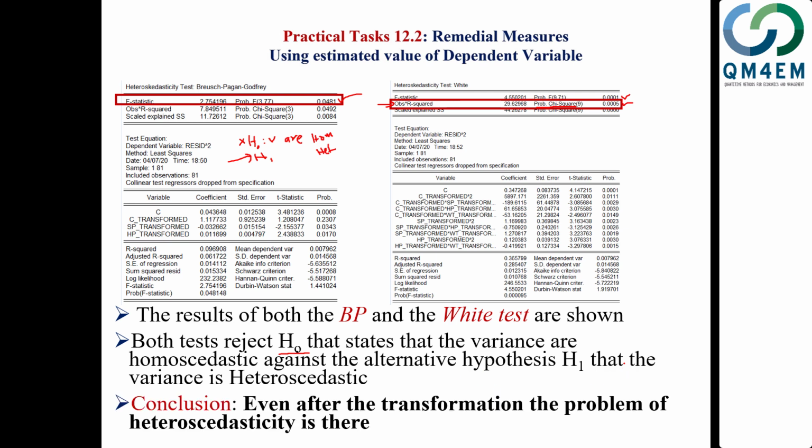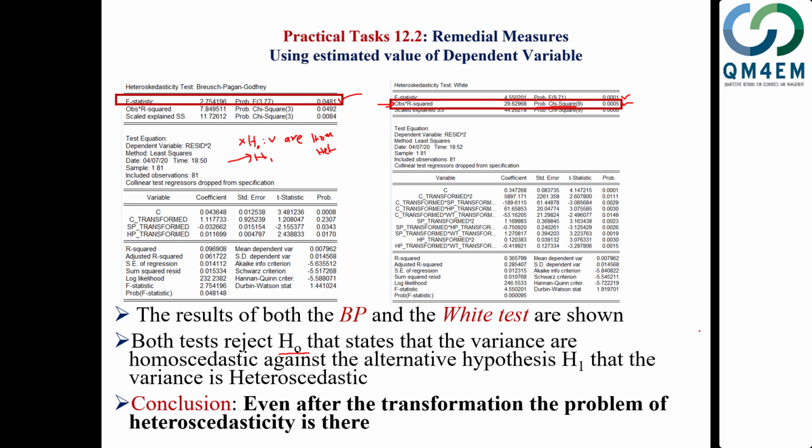So you may raise the question, what should we do? Obviously, we have to think of something else. My initial guess of transforming the data using the predicted value of the dependent variable didn't work. So I have to think of solving the problem of heteroscedasticity using one of the other methods available to me.